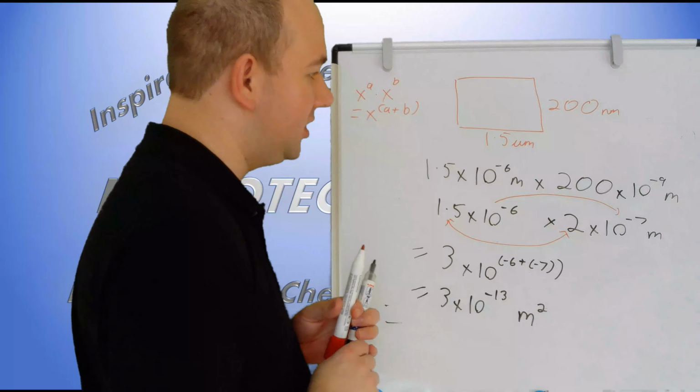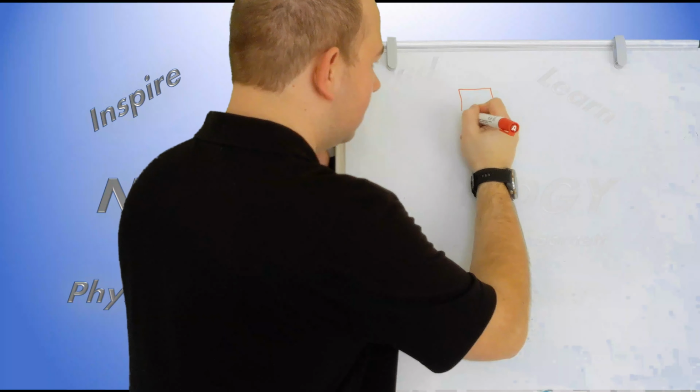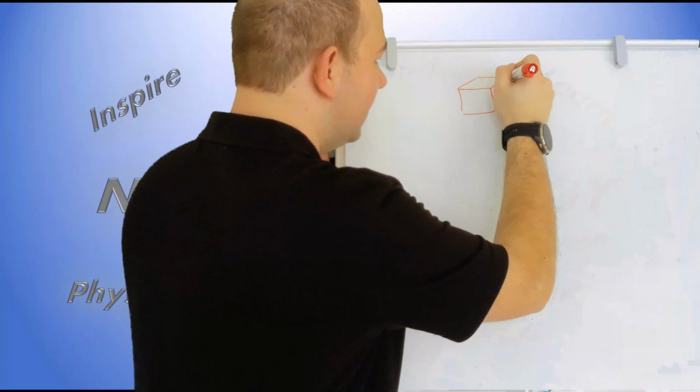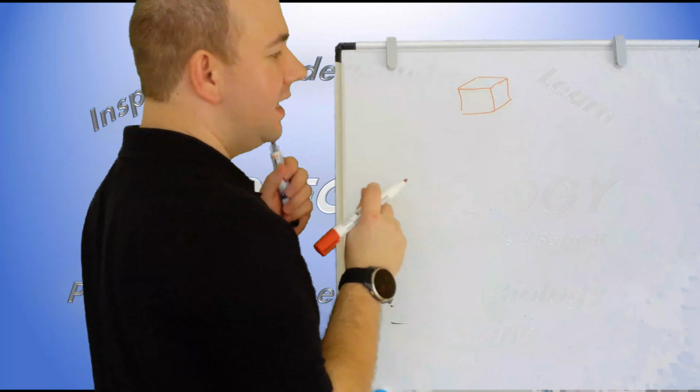So sometimes in nanotechnology we have to calculate the volume of something. So let's take an example of a cube. Forgive my drawing on this, I'm not that great at drawing in 3D. But let's say this cube has dimensions of 5 nanometers by 5 nanometers and by 5 nanometers.